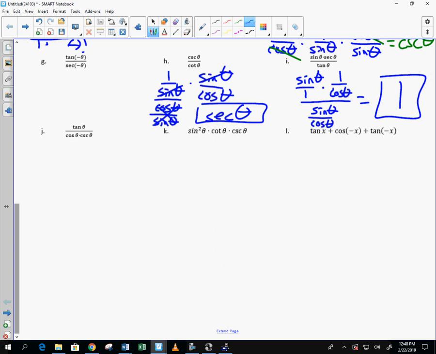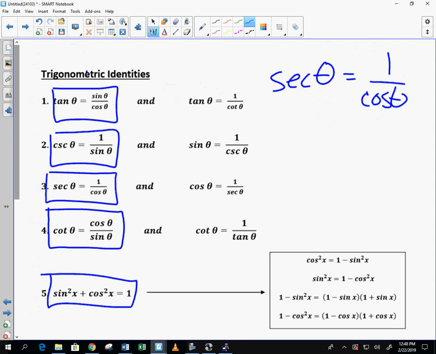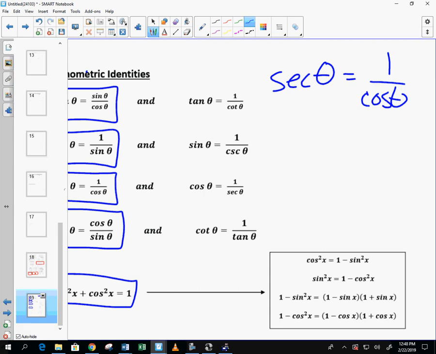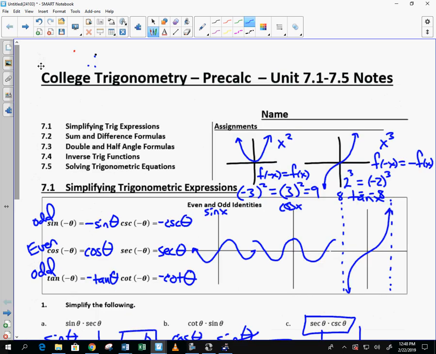Cosecant per our information right here is 1 over sine. Better? Okay. Let's check the next one. Got a little bit more work to do yet. We're going to be running up against the clock here.